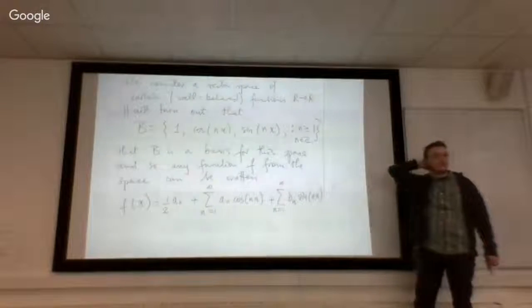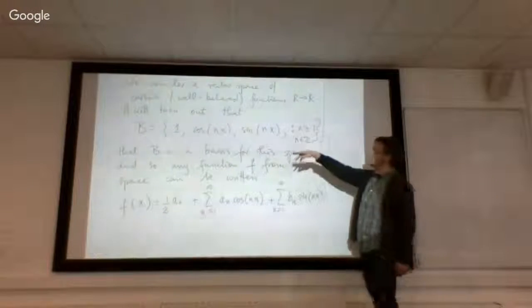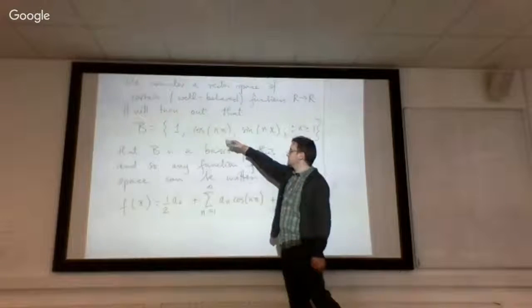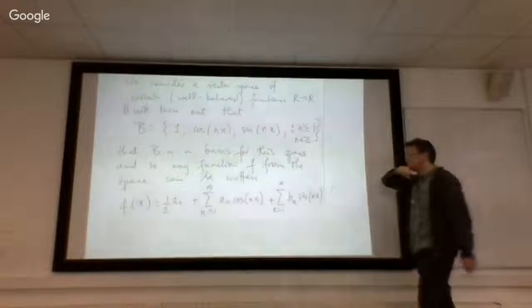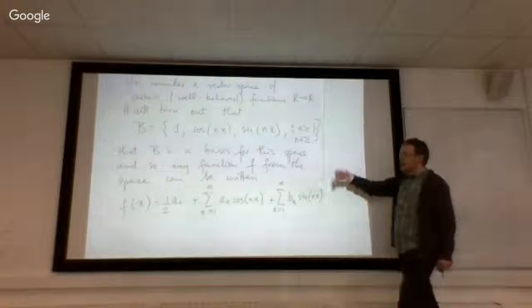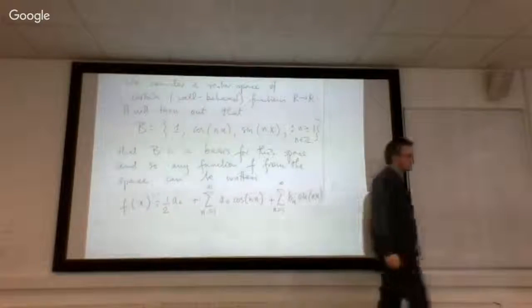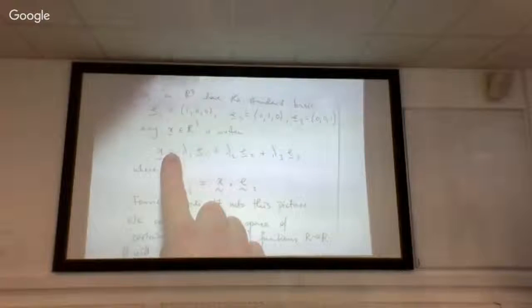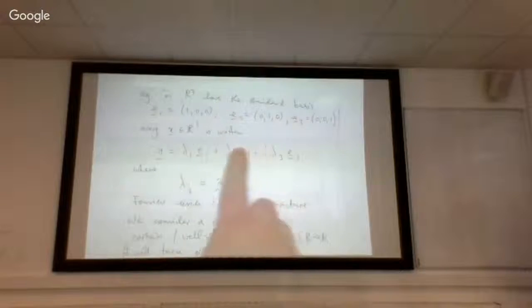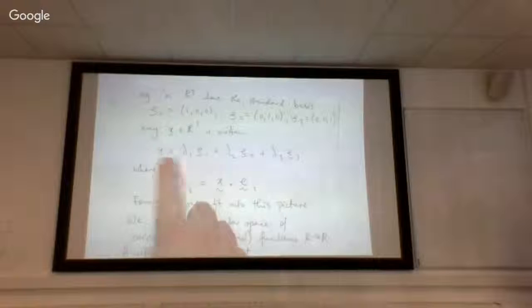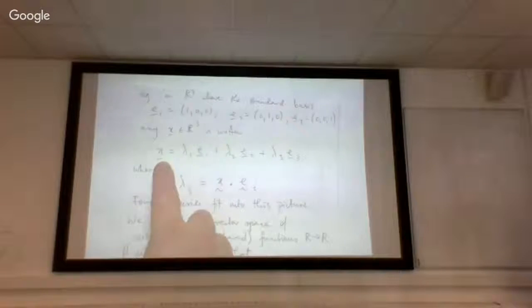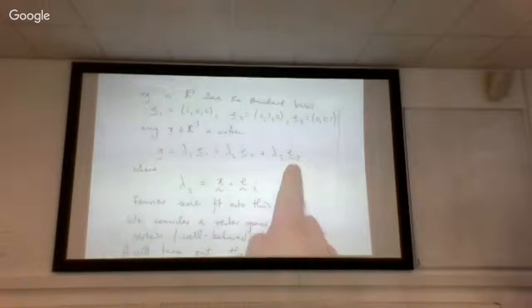This is going to be an infinite basis for the space: constant function 1, all of these cosines and all of those sine functions. And then they allow you to express any function, so think of this equation in terms of an equation like this, where any vector from the space is written as a linear combination of the basis vectors.